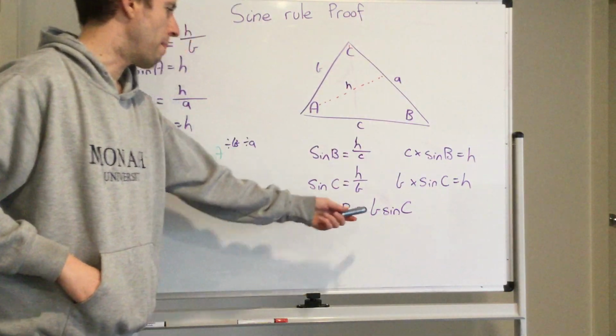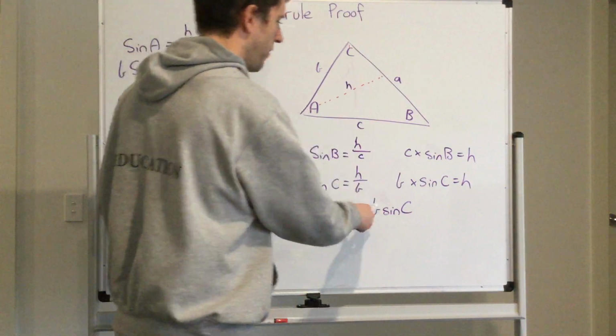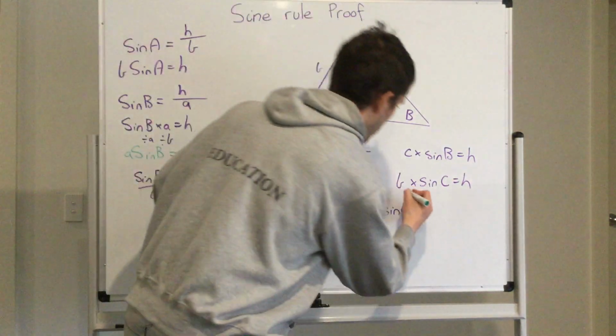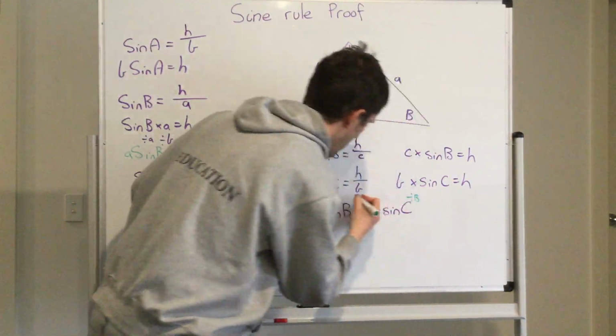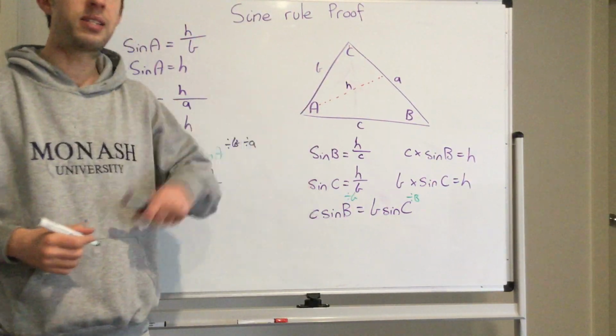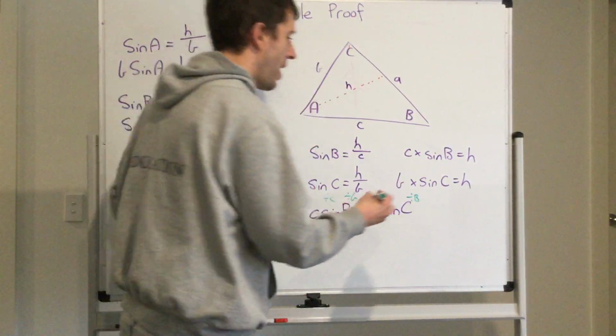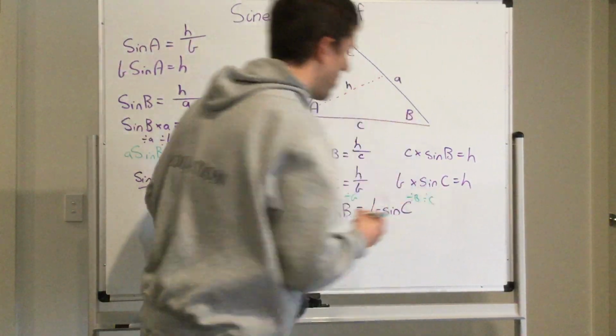I'm going to get all my b's on one side, all my c's to one side. So I'm going to divide this side by b, and I'll divide this side by b. This is timesing by c, I don't want c there, so I will divide this side by c, and I will divide this side by c.